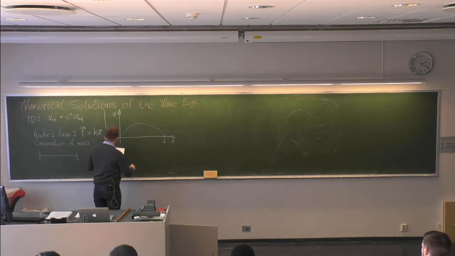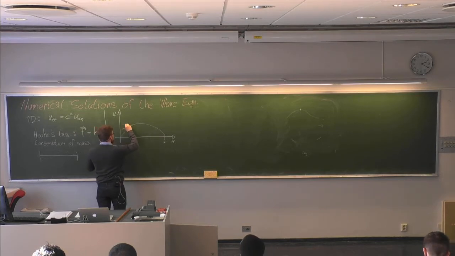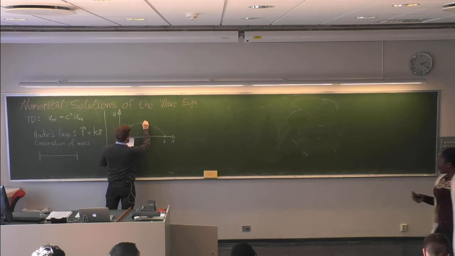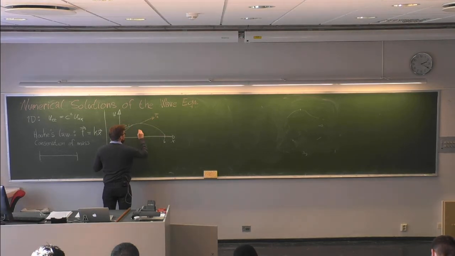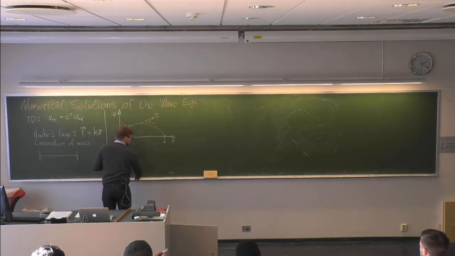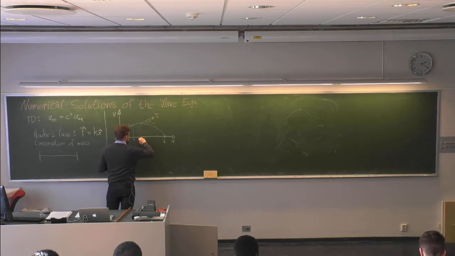Then we will have some forces on the string. We'll have a force T1 going this way at an angle, let's call it alpha, and then over here we'll have a force T2 at an angle beta, and this is at positions x and x plus delta x.